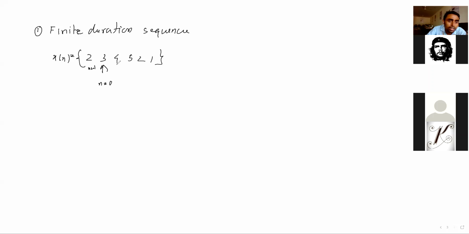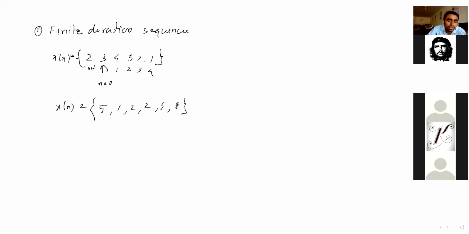This is for n equal to 1, 2, 3, 4, like that. If x(n) is given as 5, 1, 2, 3, 2, 3, 1, like that, then this is 1.